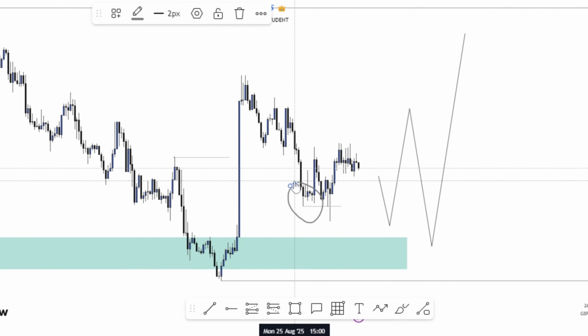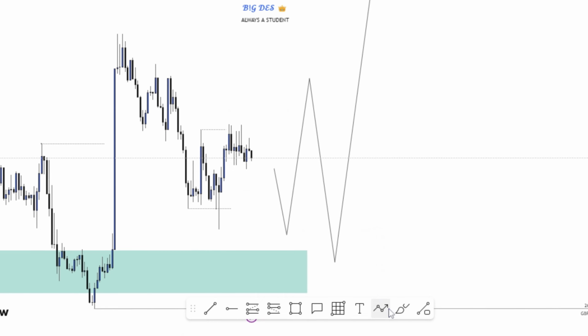Had price given me a body break, then maybe I'd use this low as my engineered liquidity for the buys. Price couldn't break above this high. Instead, it was wicked. So in that case, I would consider this area not significant enough. This setup is not valid.